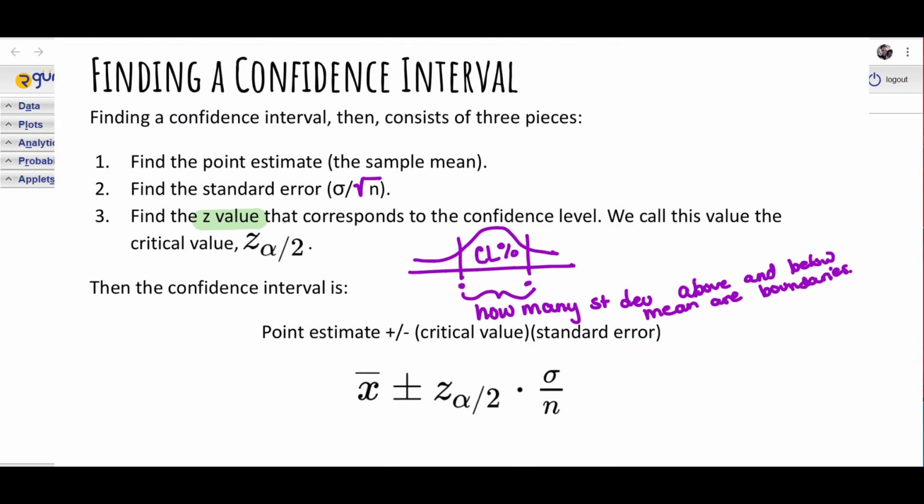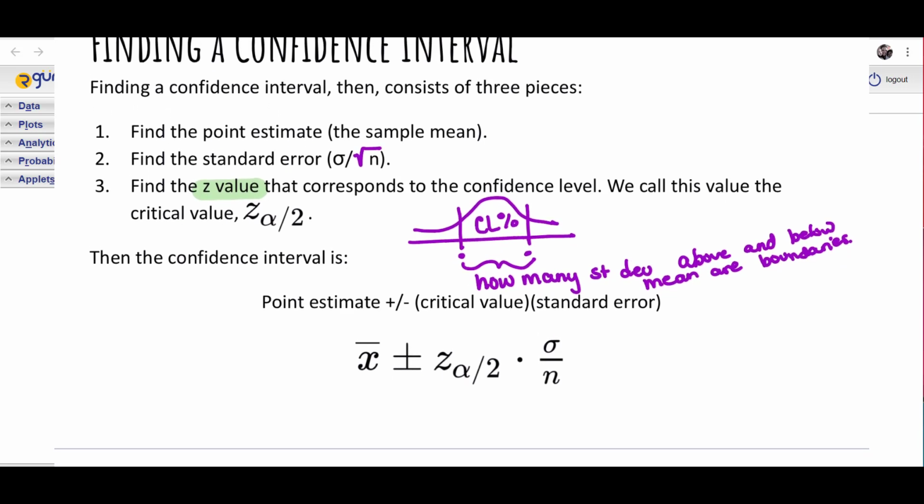So how many standard deviations above and below the mean are the boundaries for the confidence level percentage? And so you are going to find the z-values that correspond with that, because those z-values are actually the number of standard deviations, because that's what z-values measure.